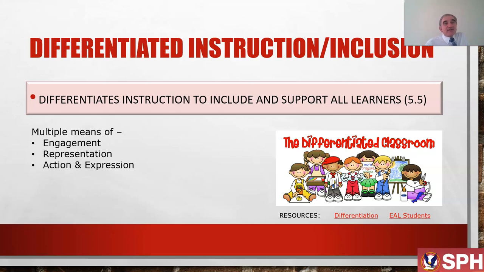One framework that is very commonly used today is Universal Design for Learning. It's the idea that you're creating a system within the classroom and within the school where all learners can learn. And the things that they emphasize within that framework is that there's multiple means of engagement.